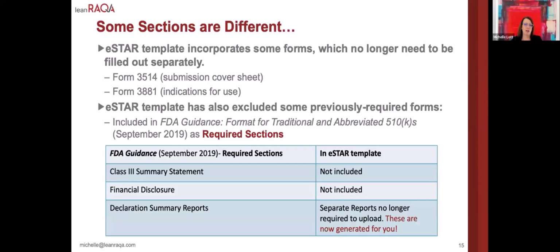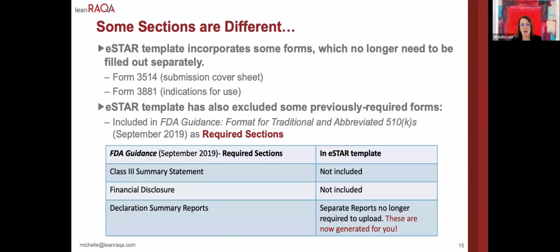So some sections are different, and this is where they took an opportunity to make a lot of things make more sense. In the way that eSTAR builds forms, there are several that you don't need as independent attachments anymore.